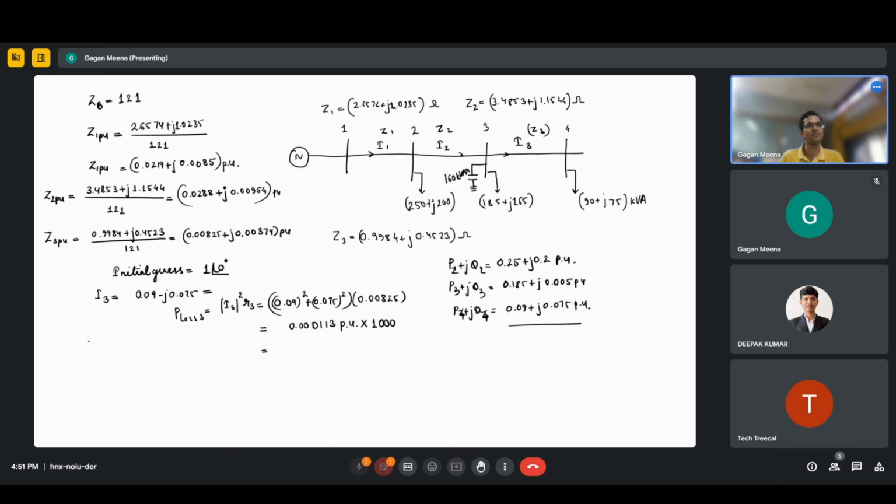Always plus. So this becomes 0.113 kilowatt. Okay.